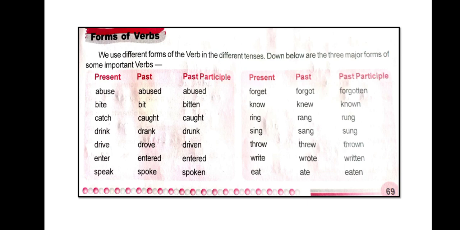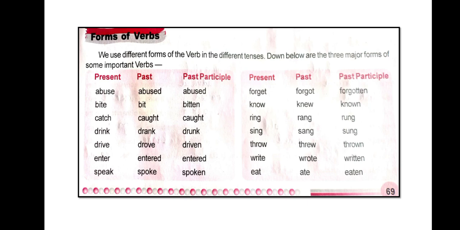I will read it for you. We use different forms of the verb in different tenses. So here is the table. I will read it for you. Here we have 3 parts: present, past and past participle. Abuse, abused, abused. Bite, beat, beaten. Catch, caught, caught. Drink, drank, drunk.